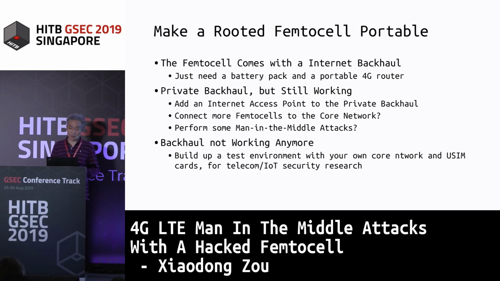But sometimes you are not lucky, so you will get a working femtocell, but with a private backhaul. What you can do is just add an internet access point to this private backhaul. After this, you can carry the femtocell everywhere you want.